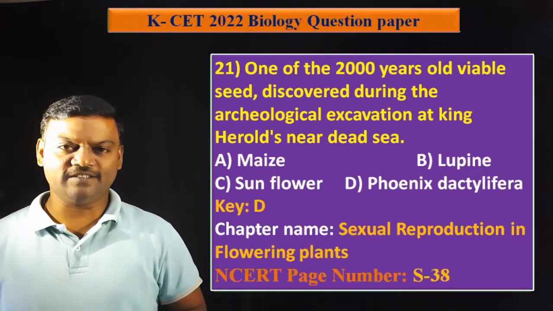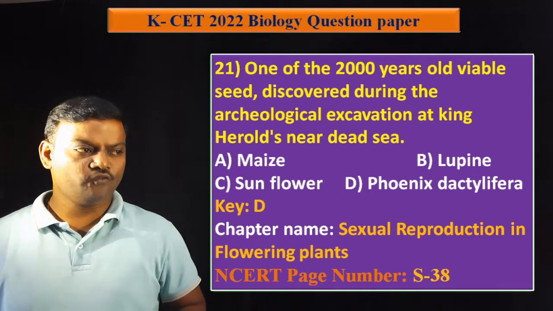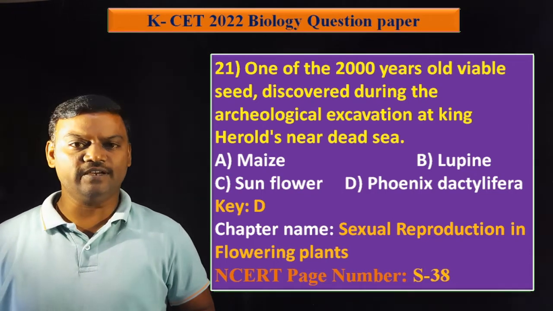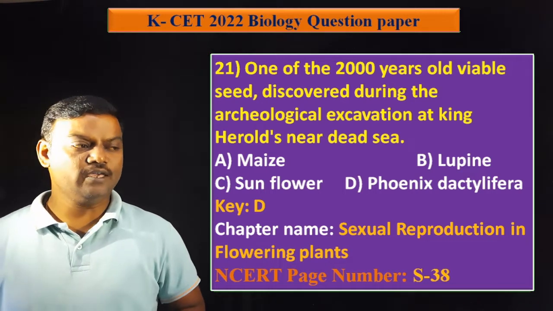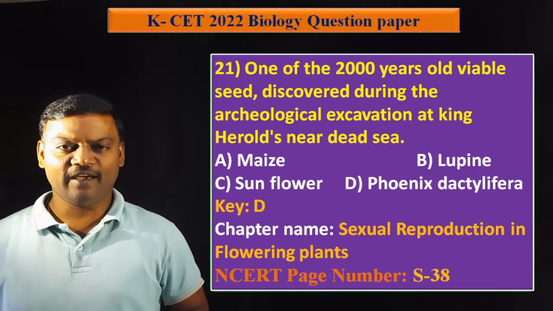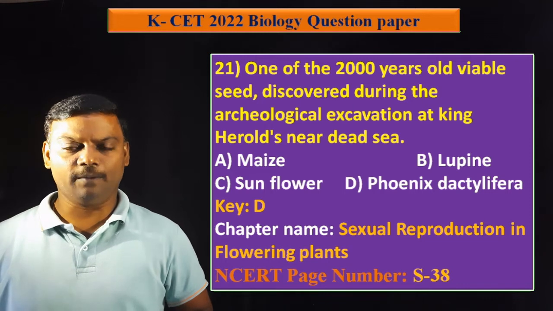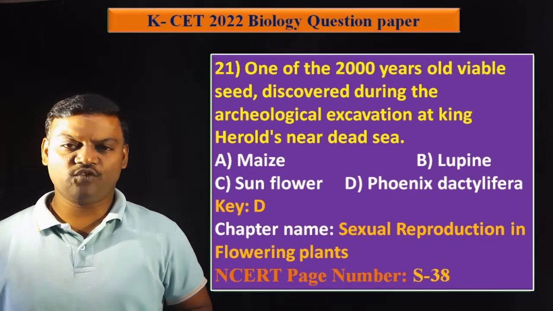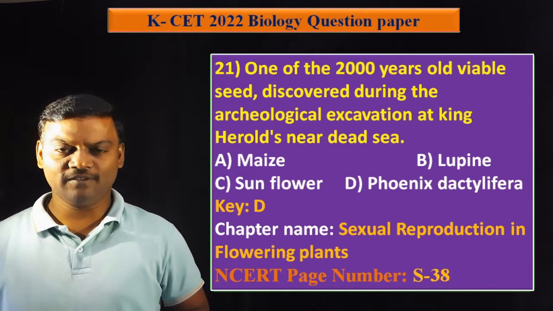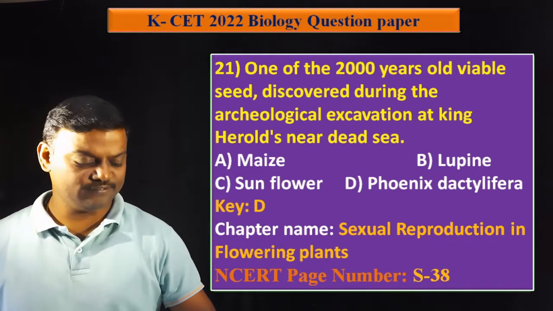The correct answer is option D. So Phoenix dactylifera seeds, nothing but date palm seeds, were collected from King Herod's palace near the Dead Sea, having a viable period of approximately 2000 years. It is a question from Sexual Reproduction in Flowering Plants, page number 38.